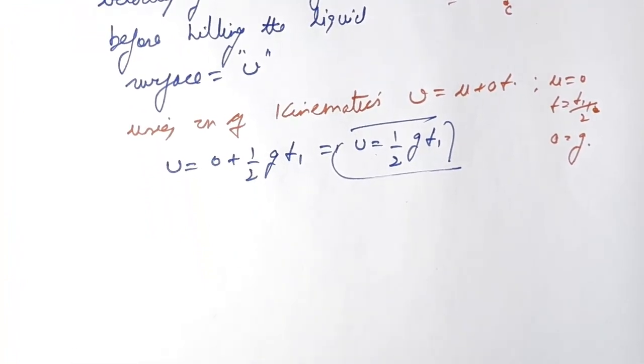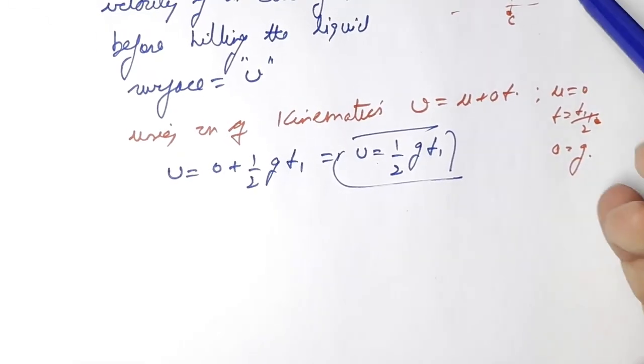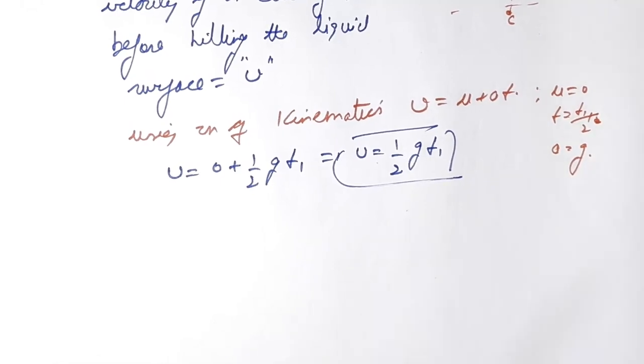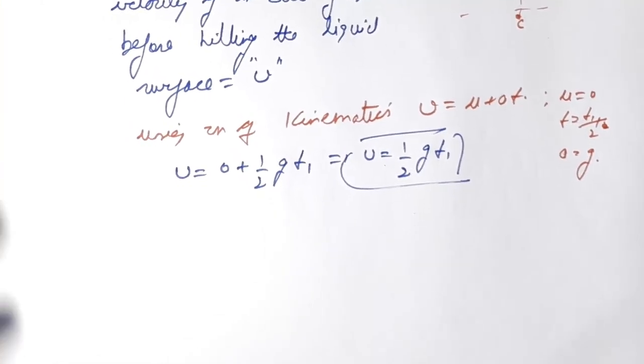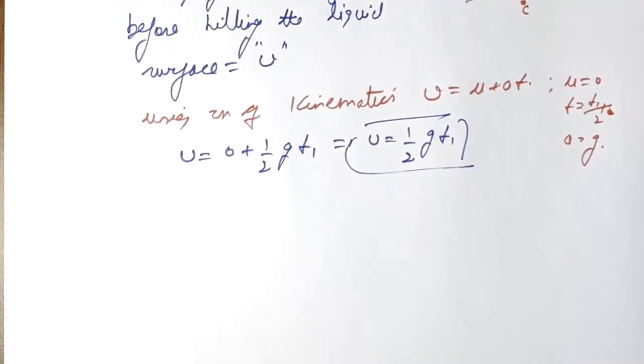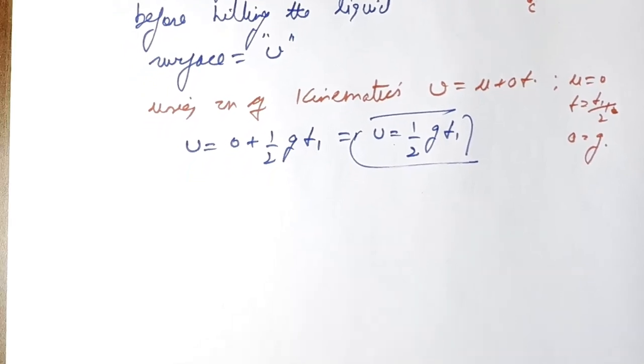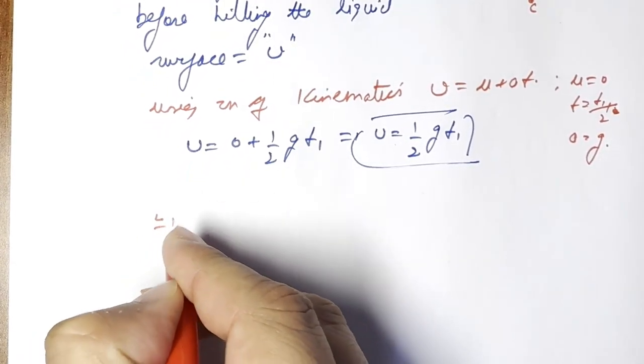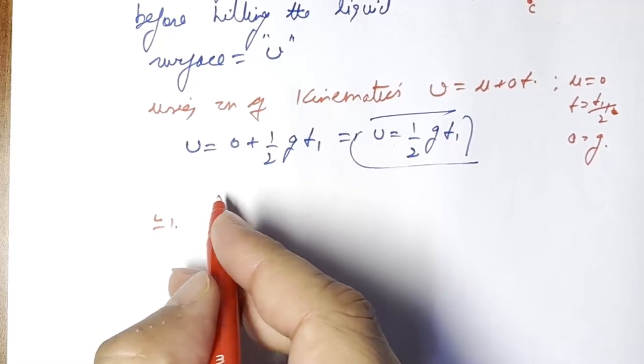Next, we are going to find out now with respect to the liquid. We know that inside the liquid, retardation is going to take place, so let us discuss that part. The retardation in the liquid.